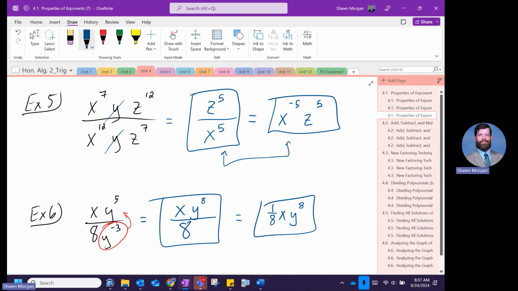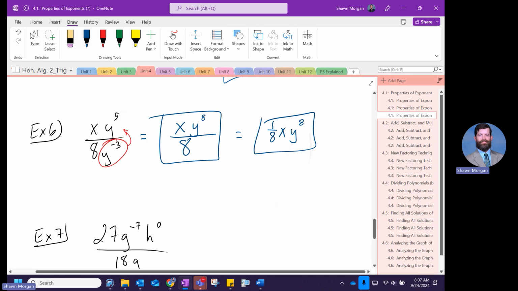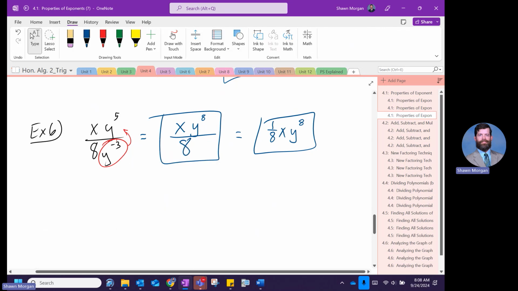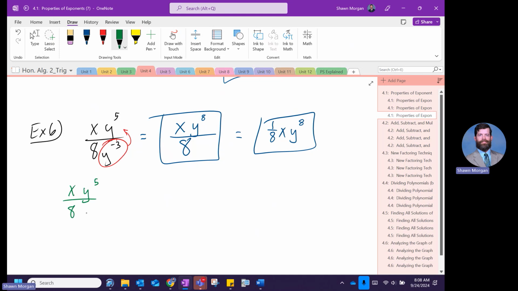Nathan, question. So 8 is being multiplied to y to the negative 3rd. So do we divide by y to the negative 3rd to get it to the top? All right, there's a couple of ways that you could think about what to do with that y. Number one, we could express this as nothing but a product of various factors.